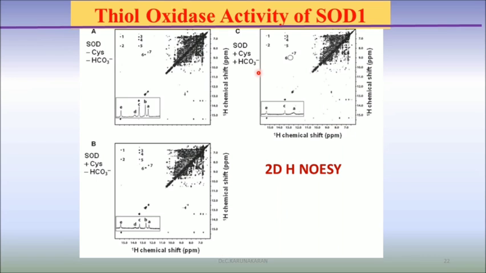Similar to peroxidase activity, thiol oxidase activity of SOD1 was studied by our group using the spin trapping method as well as ESR, ENDOR (electron nuclear double resonance spectroscopy), and NOESY NMR spectra.